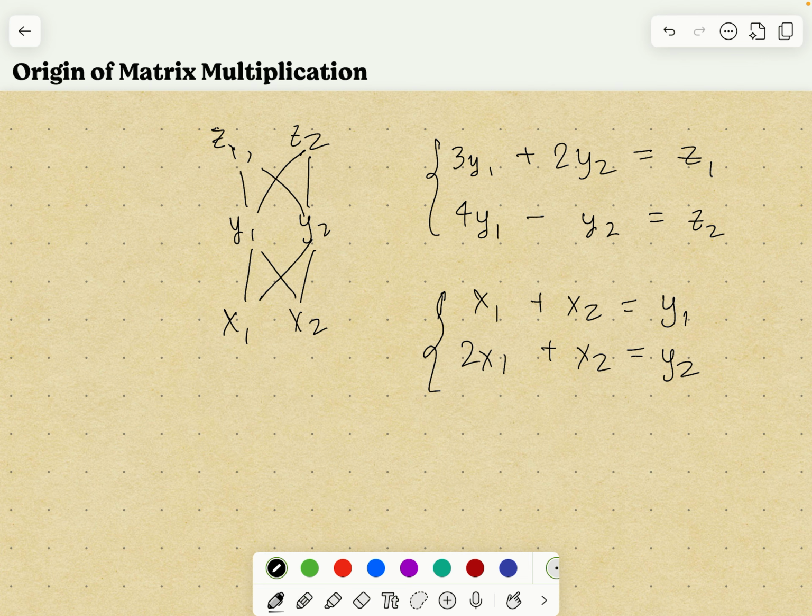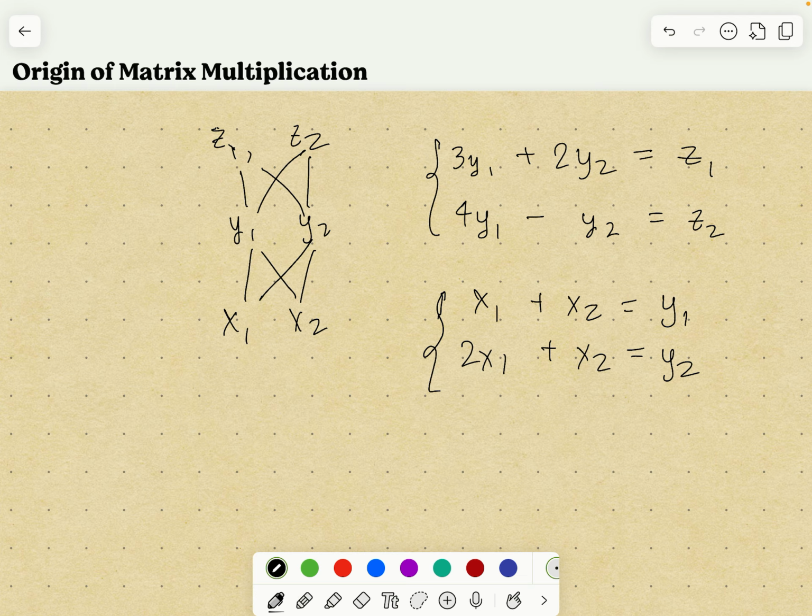Well, what are you going to do? These first two equations give z1 and z2 in terms of y1 and y2, right? And the second two equations express y1 and y2 in terms of the x's.